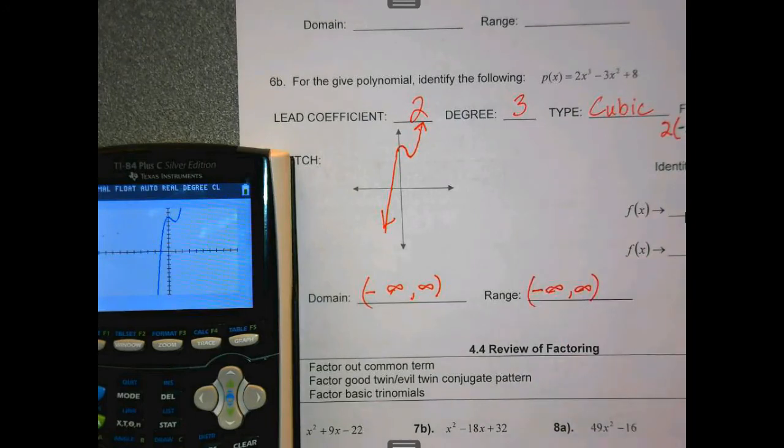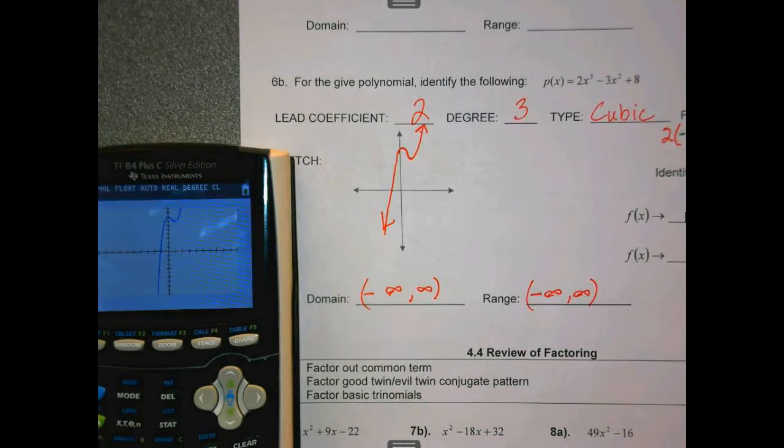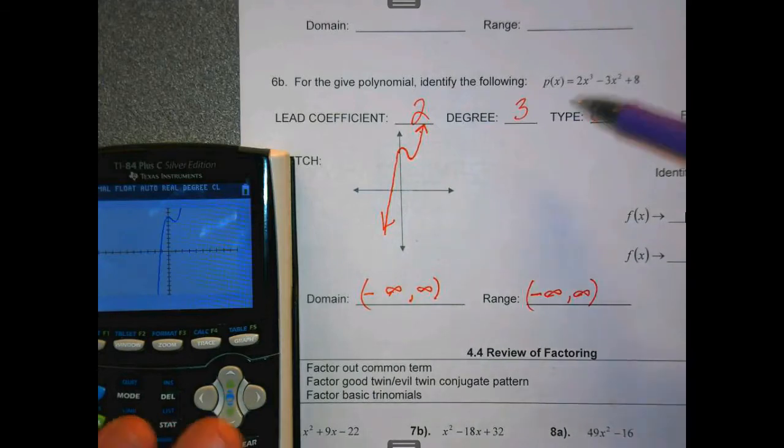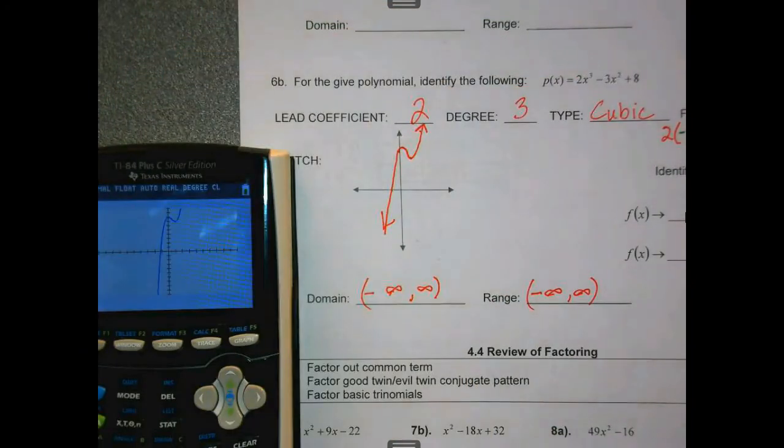And end behavior is different than domain and range, right? Yep, this is exactly how it's going to be on that. I think these are, instead of horizontal, I think they're vertical.